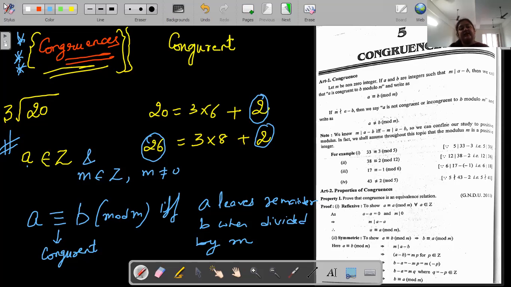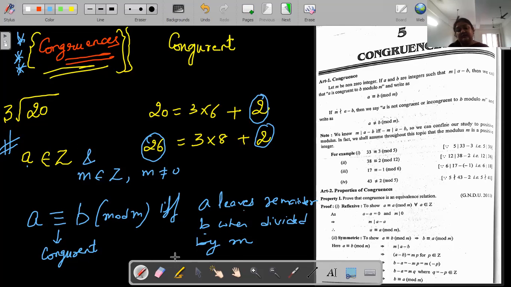Since I am dividing by m, this is the reason I have taken m not equal to 0. So a is congruent to b mod m if and only if a leaves remainder b when divided by m.